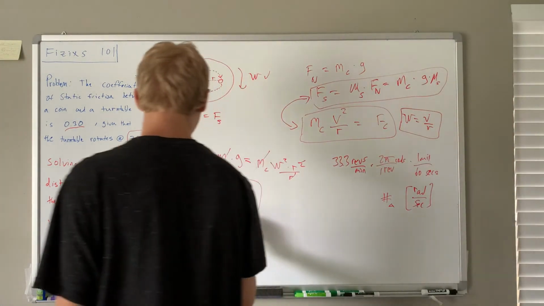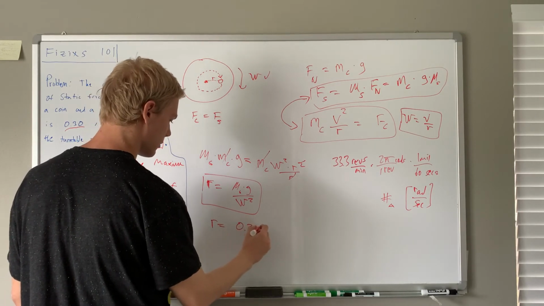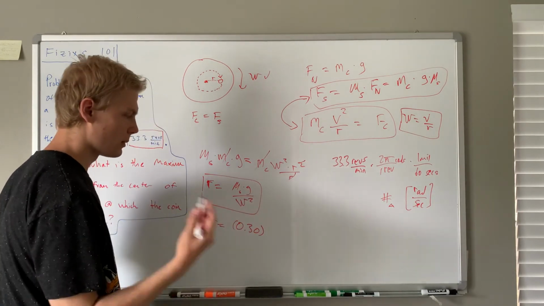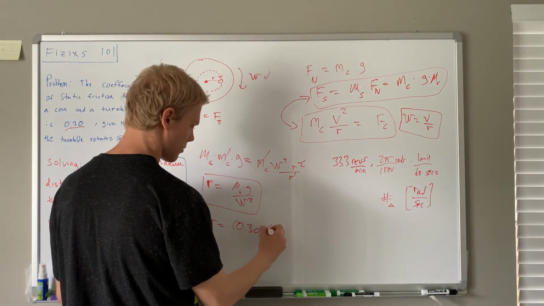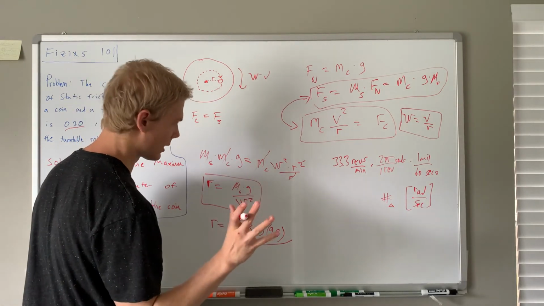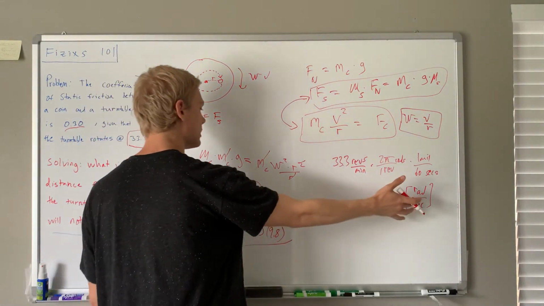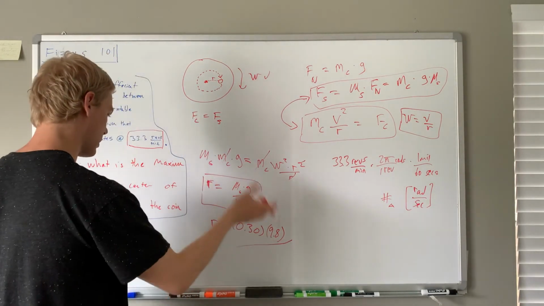When we solve this, you get 0.30 times g, which I'm going to choose to be 9.8 meters per second squared. It doesn't matter because I know all my other units are okay. That's the big thing. If I just plugged in omega in rev per minute, it wouldn't be okay. I'd have to make sure that the units are okay.